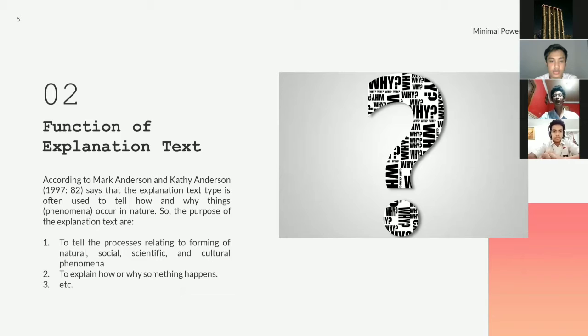Explanation text is also used to explain why or how something happens. So, what can we conclude about it? Explanation text is used to inform the readers why something is made in scientific ways.